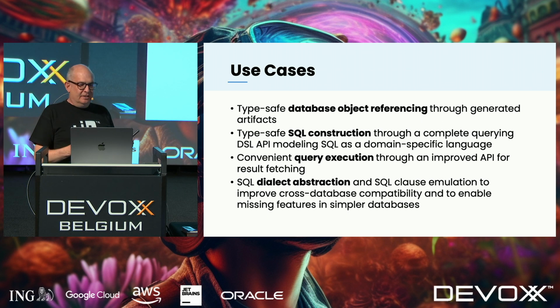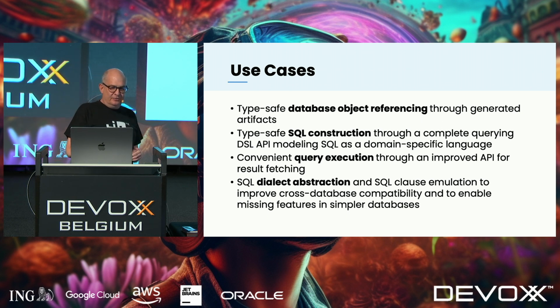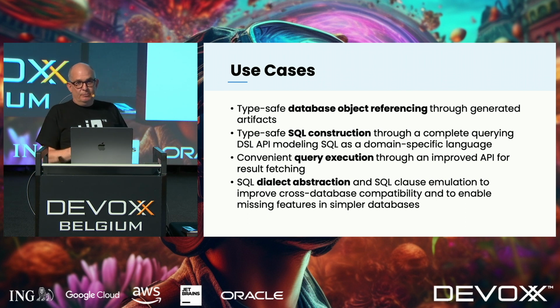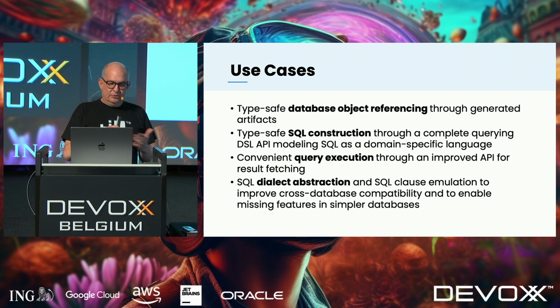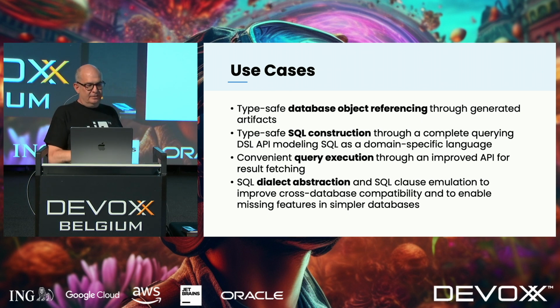Now, before we start, what are some typical use cases for jOOQ? I use it in every project I can. You will see how you can use it, how you can combine it with other persistence solutions, but I usually use it for everything. The point is, you can have type-safe database object referencing. What does that mean?